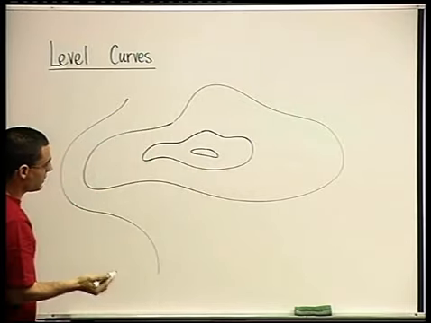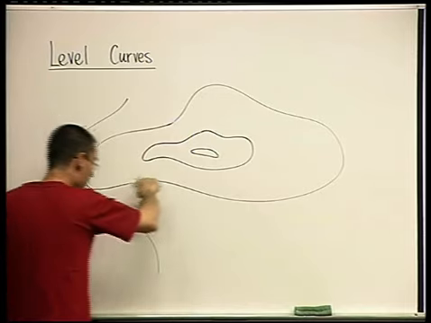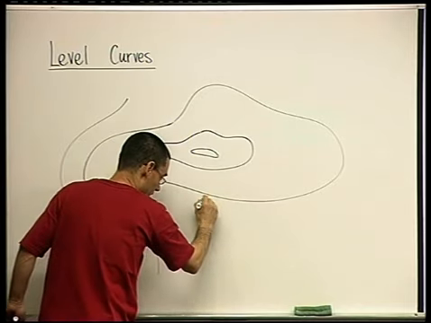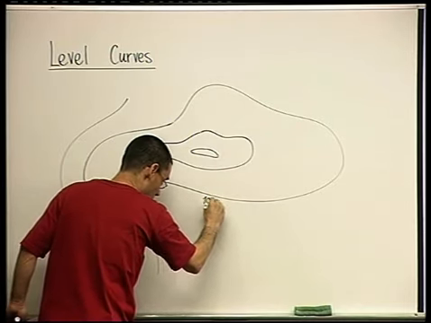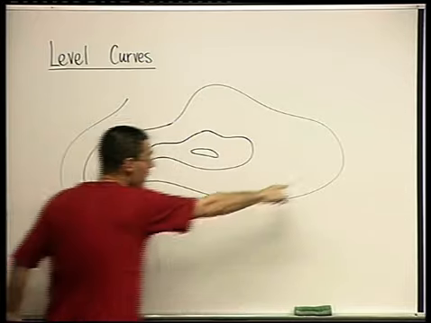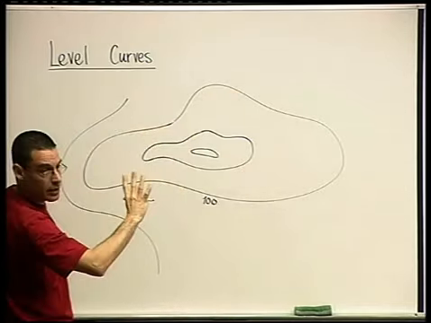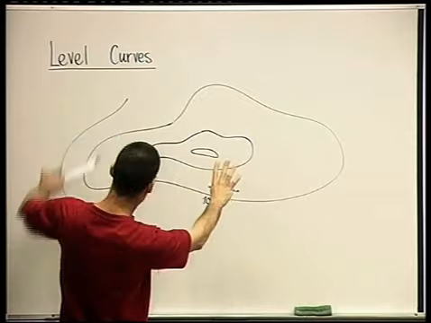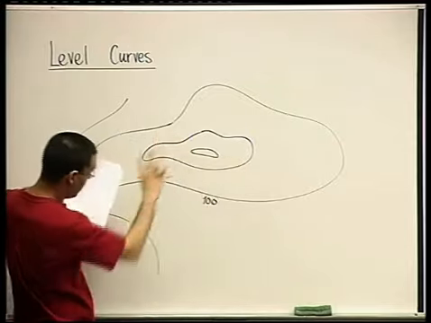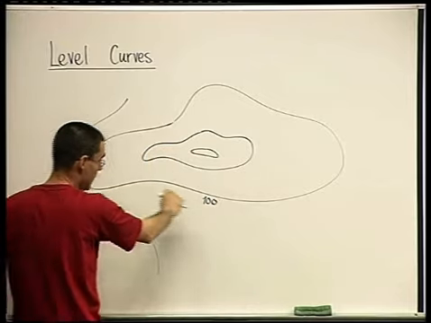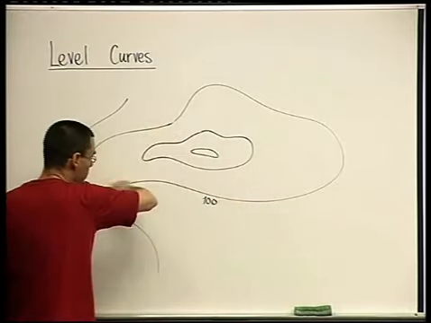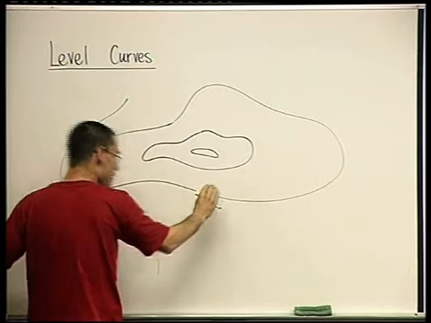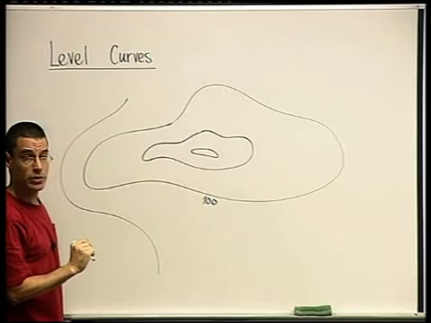And what do these lines stand for? Well, this is the line, let's say on the map it says 100. So these are all the points, this is an aerial, bird's eye view of the surface, where the mountain is exactly 100 meters high.